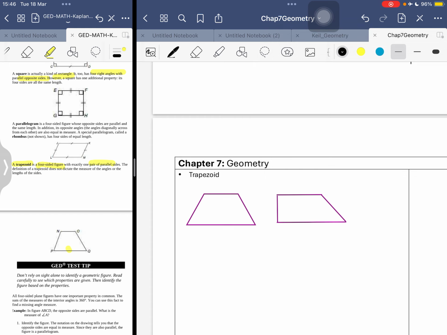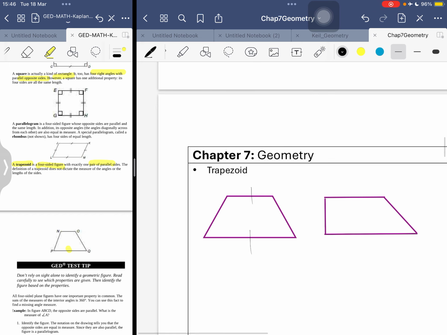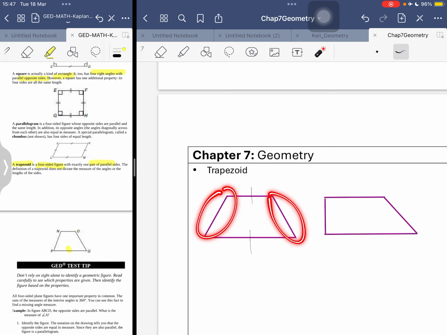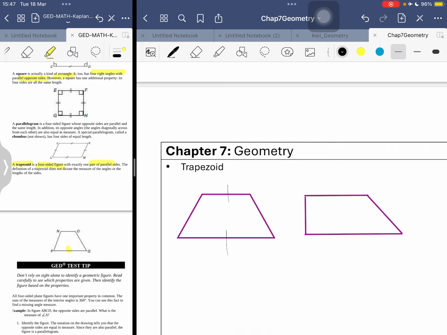It's like a rectangle also, wherein it has parallel sides here and here, and they are connected with legs. So this leg and this leg.